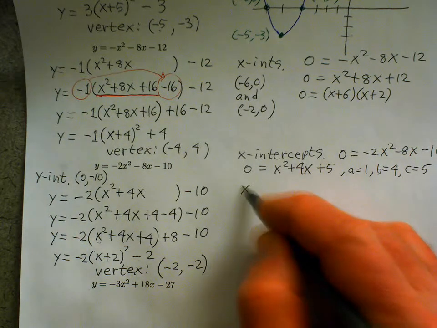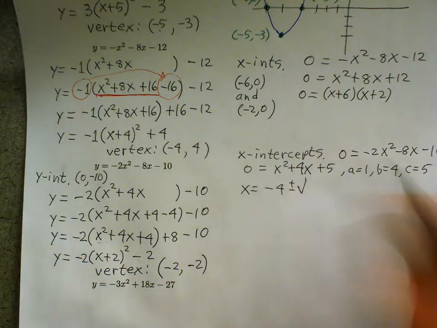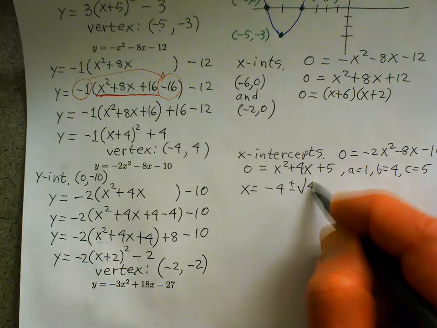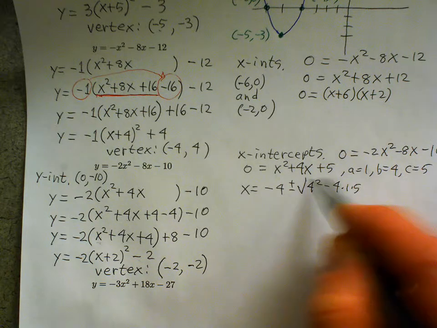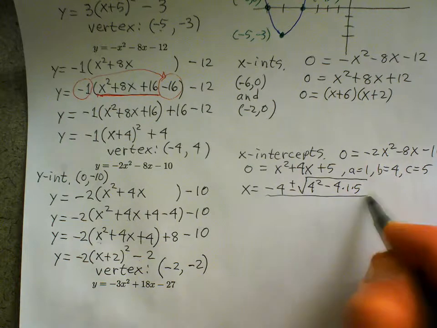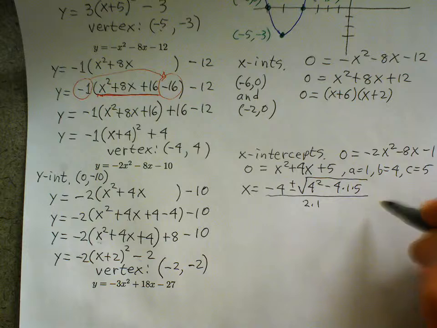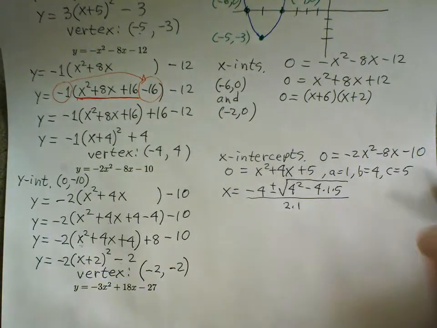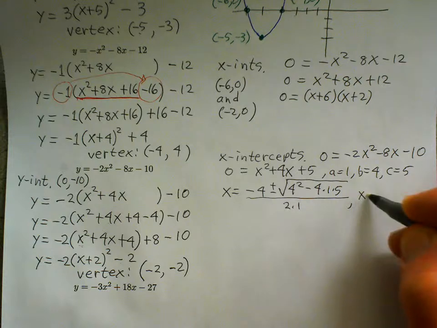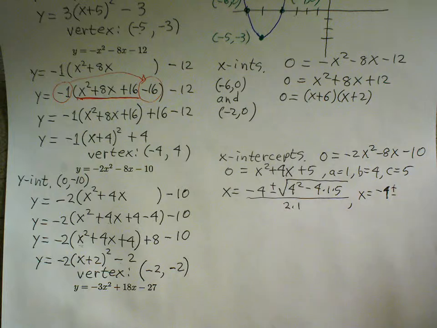So we get x equals -4 plus and minus the square root of 4 squared minus 4 times 1 times 5, all divided by 2 times 1. Okay, then x equals -4 plus and minus the square root of some number, all divided by 2.